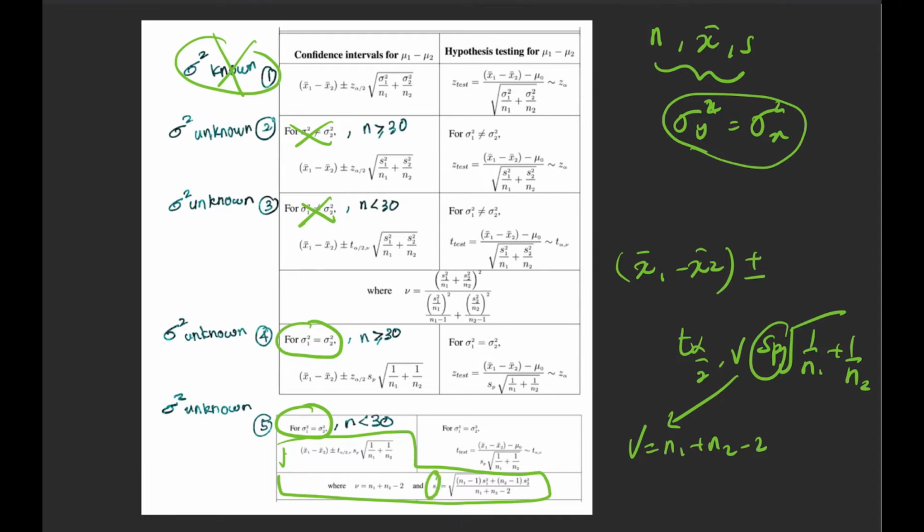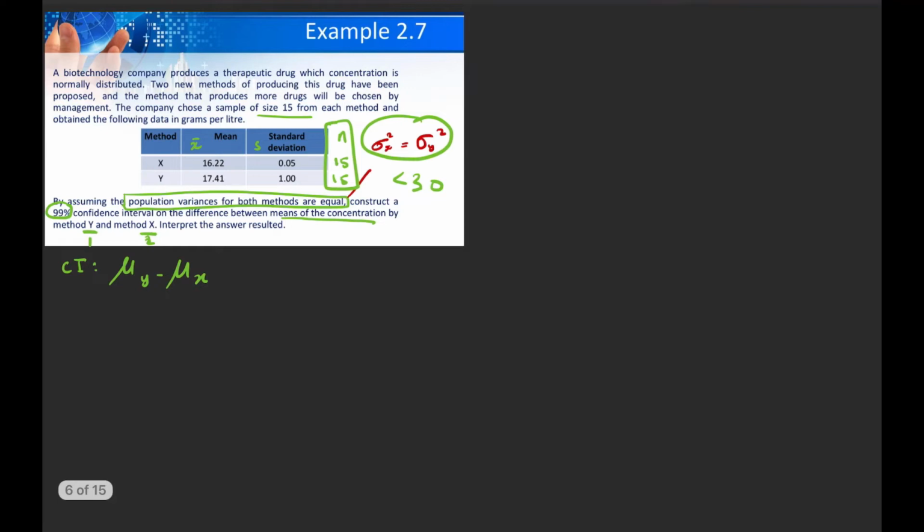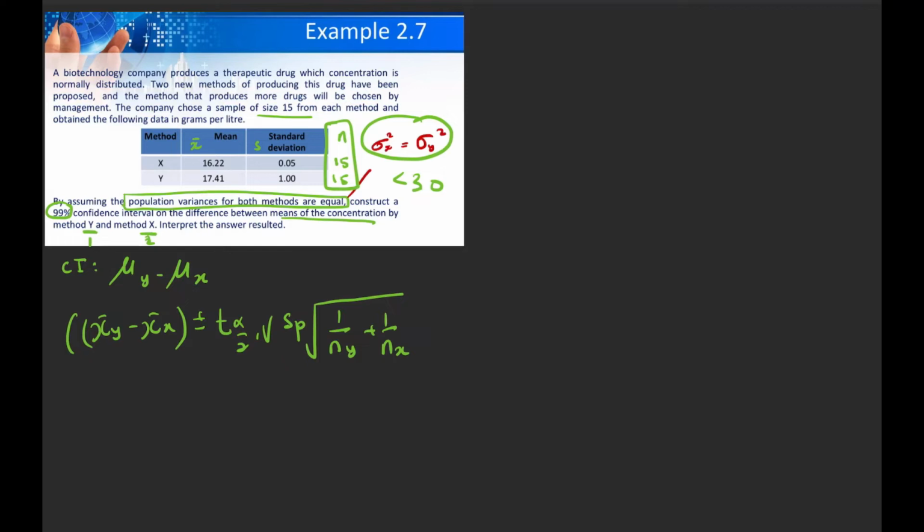So the formula is x bar y minus x bar x plus minus t alpha over 2, nu, sp, square root of 1 over ny plus 1 over nx. Check one by one. We have x bar y, x bar x, ny, nx. Now you have to find the sp and the t alpha over 2, nu.